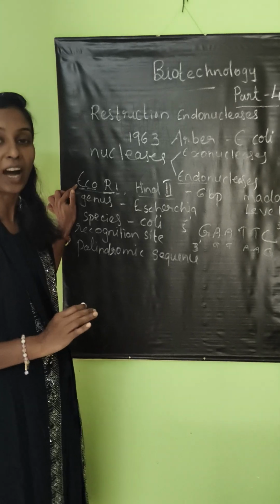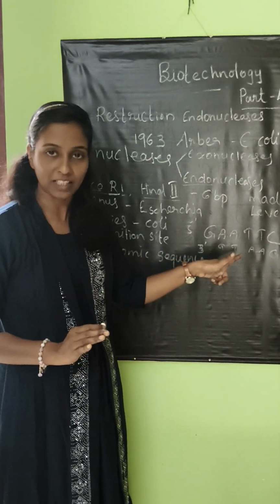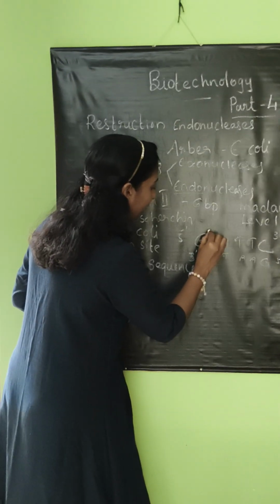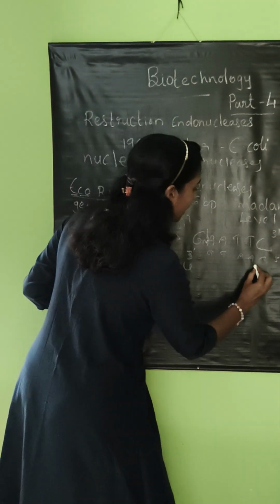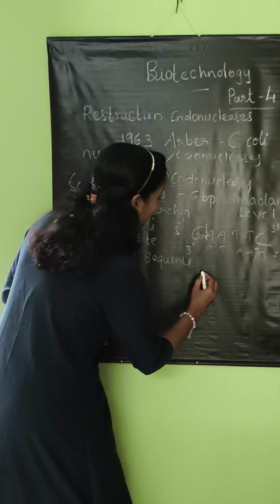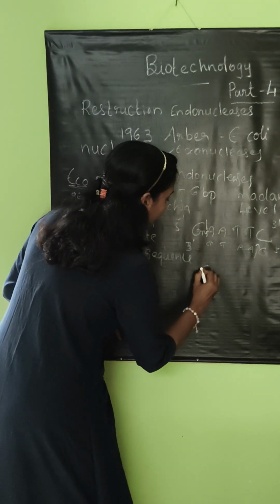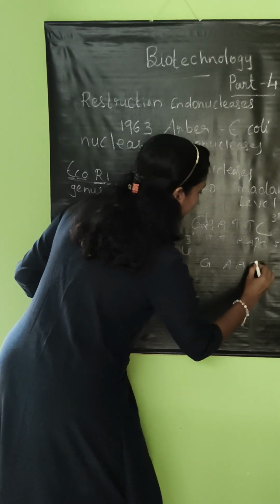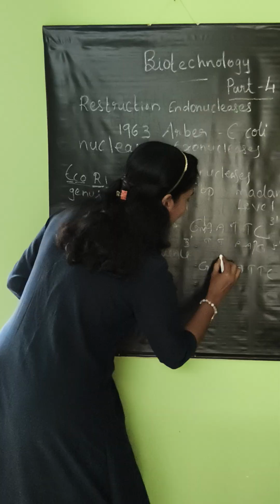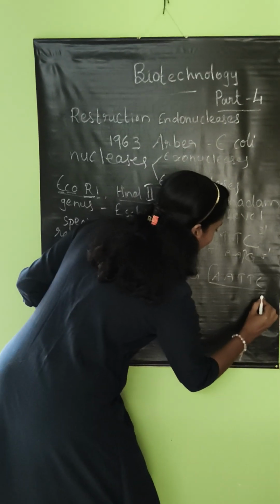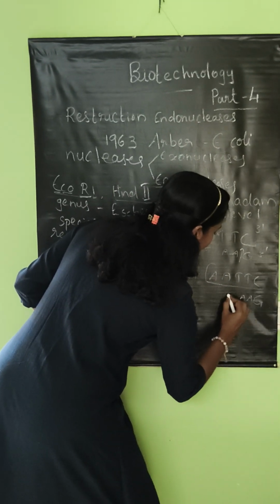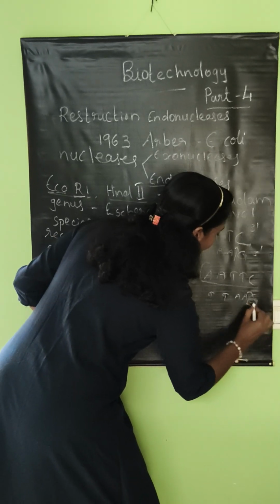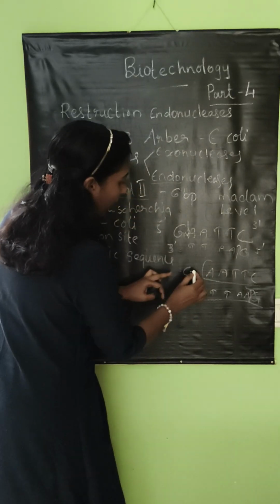Now how does EcoRI act on this palindromic sequence? It cuts between G and A, on this strand and also on the other strand between G and A. So this part will be cut out and separated, and this part will be separated.